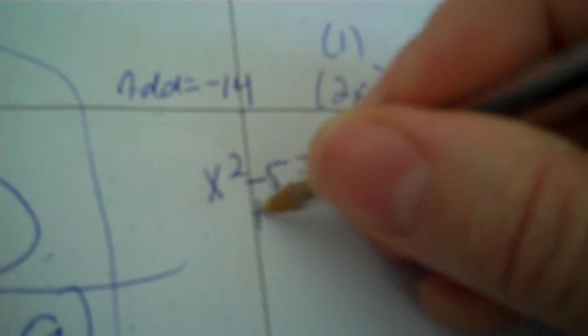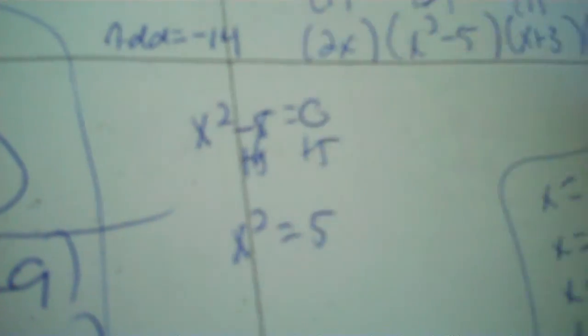x² - 5 equals 0. So I add 5. x² equals 5. Then I square root 5. Now I don't need to poke the eye out because it's positive 5. Okay? 5's not a perfect square, so we're just going to leave the square root over the 5, but it could be the positive or the negative. So square root of 5, and then the same thing with a negative.